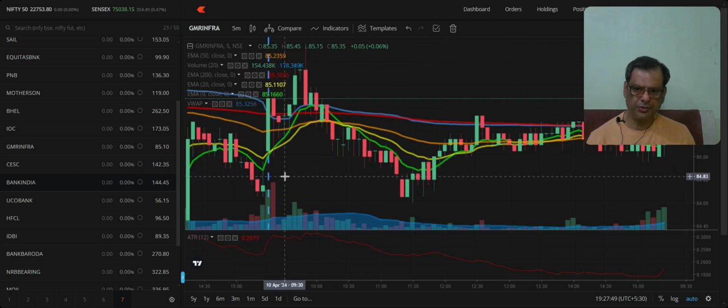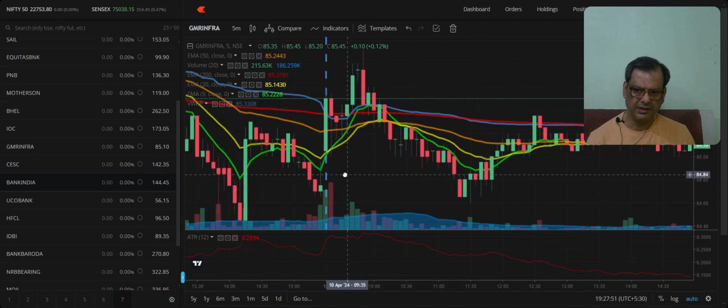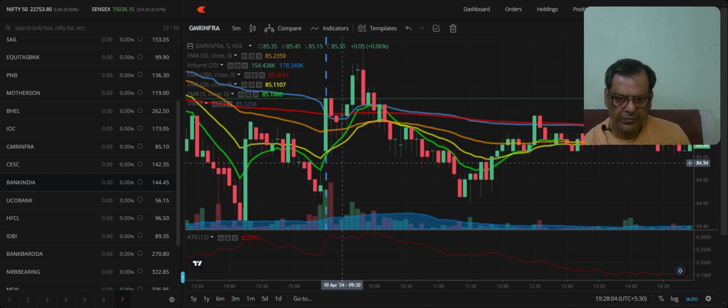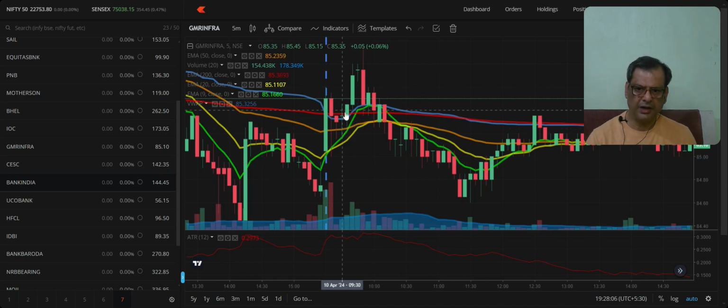Assuming that you're seeing this candle here, there's a fight here, and what are you going to do? If I were you, I would not take any trade here, because you have this candle closing below the 200 period moving average, and it's not a good place to take a trade.